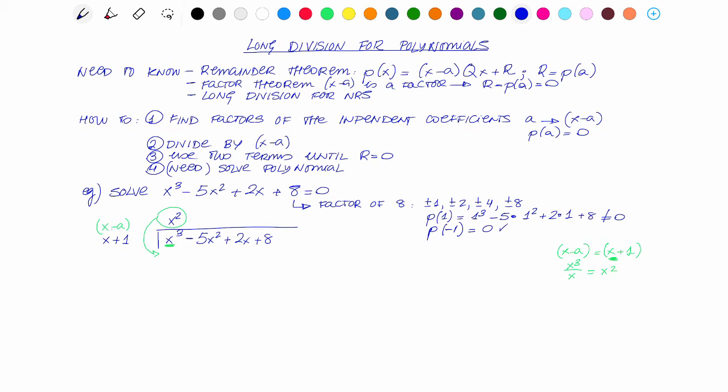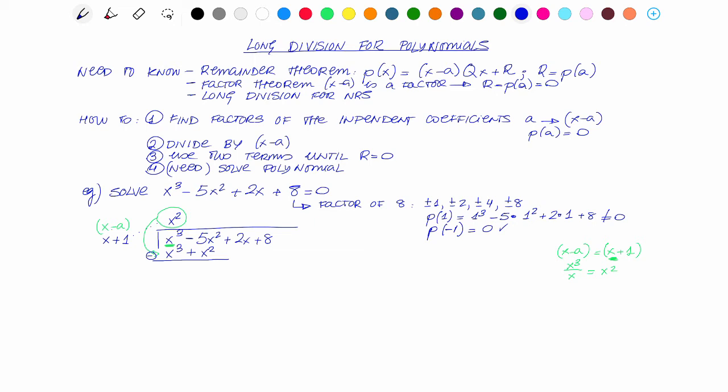If I put an x squared here, then I multiply by the divisor, and I will only use 2 terms at a time. X squared times x, that's an x cubed. X squared times 1, that's a plus x squared. And then I will check the remainder against the dividend.